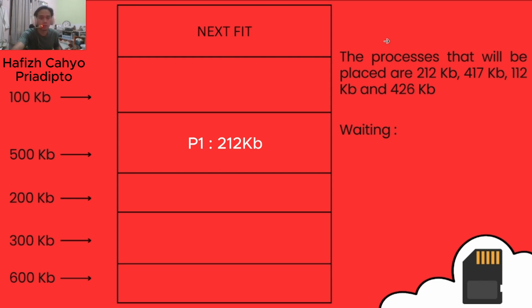It will check from the column after where the previous process came in. So the second process will start checking in the third column, which is 200 kilobyte.